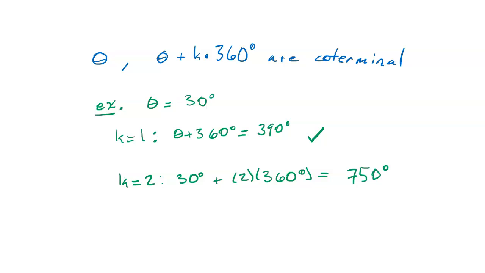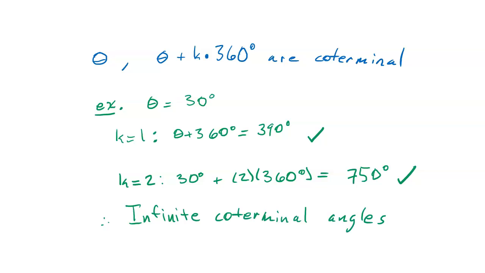So 750 and 30 degrees are coterminal. In fact, all three of them, 30 degrees, 390, and 750, are said to be coterminal. And that is why there are infinite coterminal angles for any given angle.